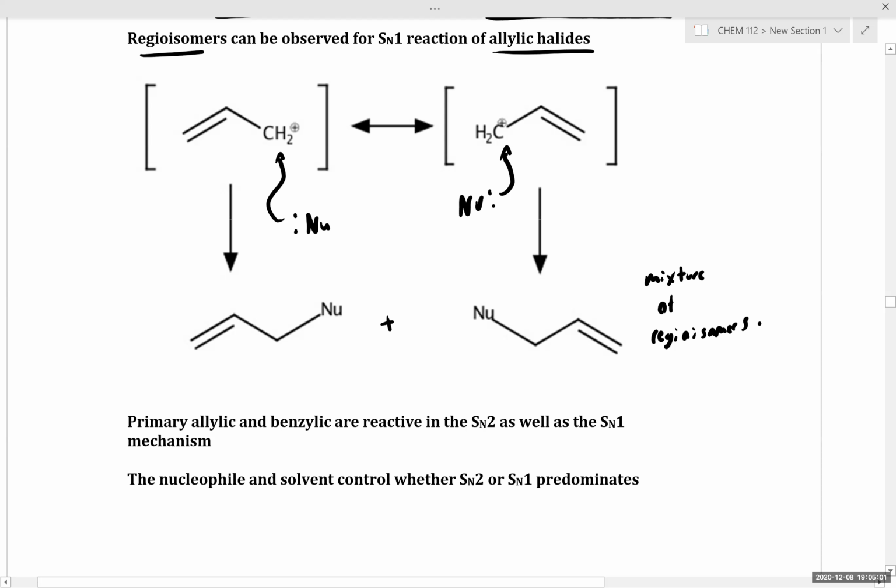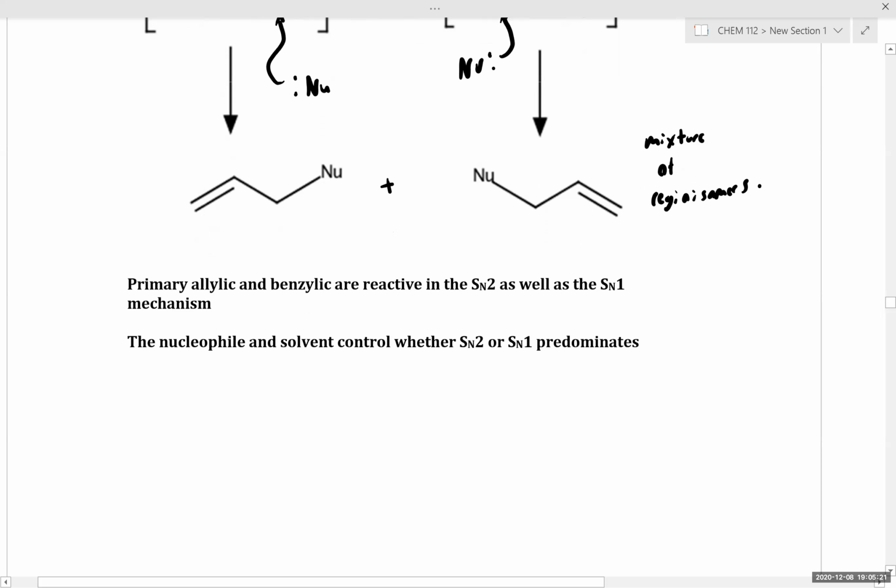So fundamentally, the SN1 reaction occurs with the attack on our carbocationic carbon, right? And if we have our charge delocalized over multiple atoms, you may see a mixture of regioisomers. Now, another thing that I'd like you to note, primary allylic and benzylic substrates are reactive in the SN2 as well as the SN1 reaction mechanism.